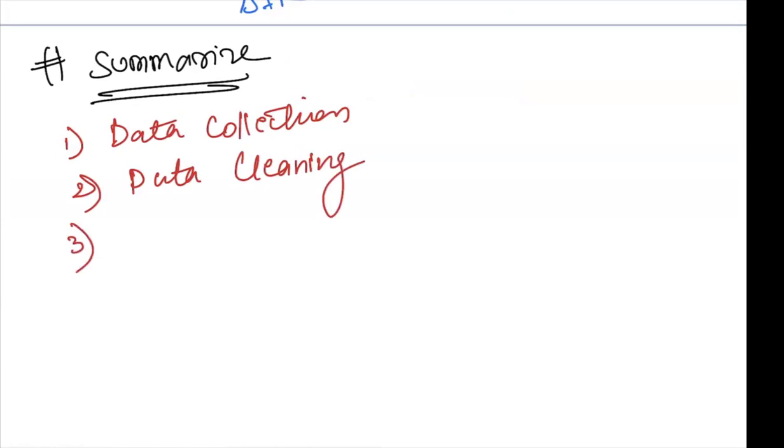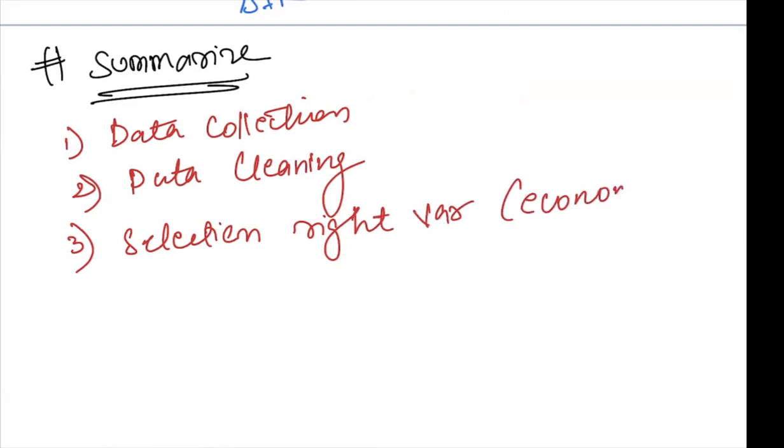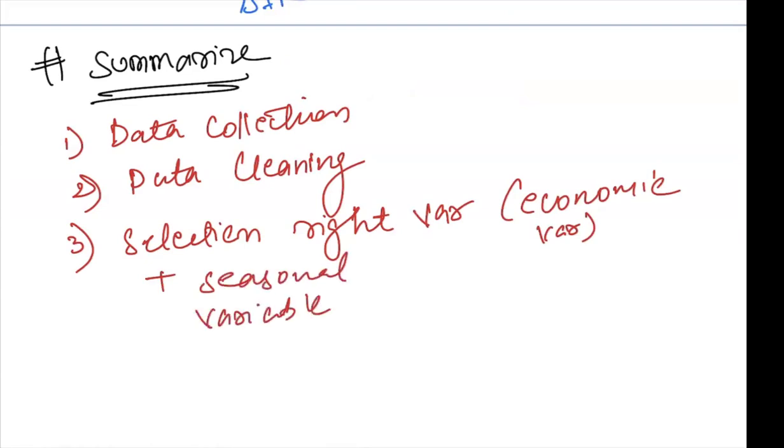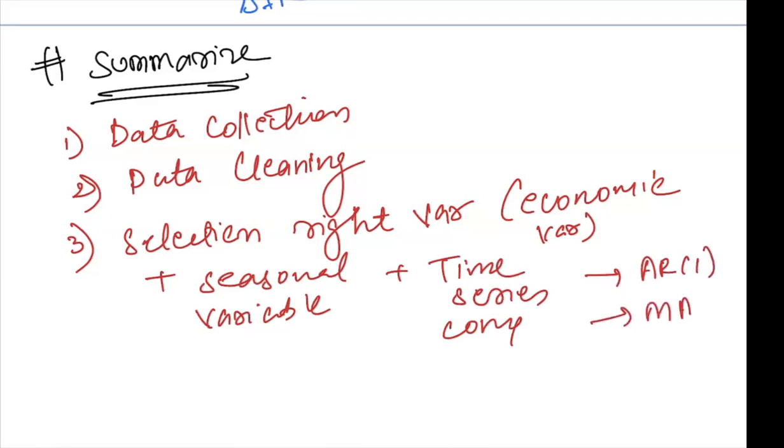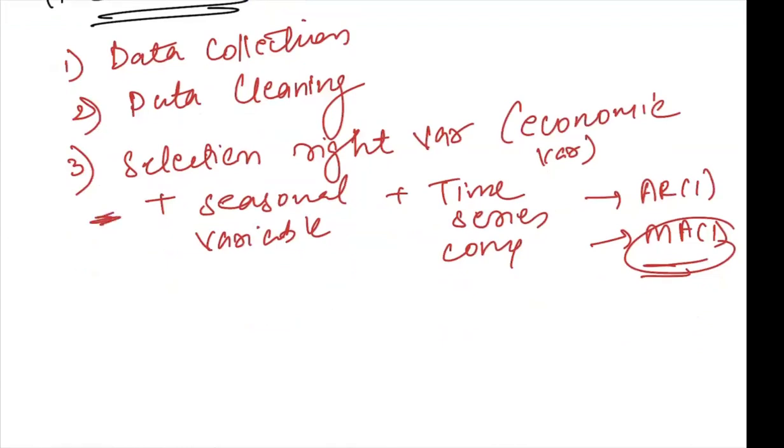Then selecting the right variables, in our case economic variables for your model, with seasonal variables if there are any, plus any time series component. In this case, what we took was AR1. You can also take MA1, in which you are including the error term.